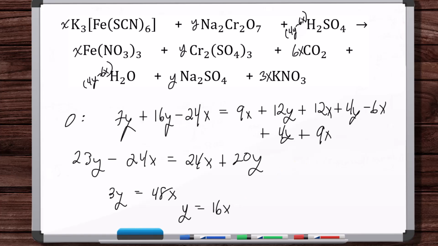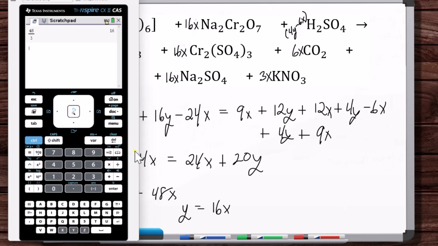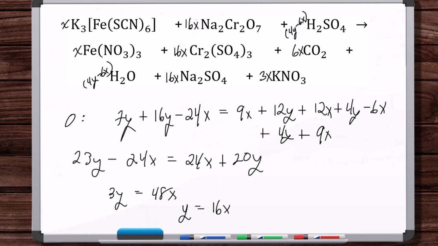Okay, so we've got now 4Y, 4 times 16, minus 6 is 58.